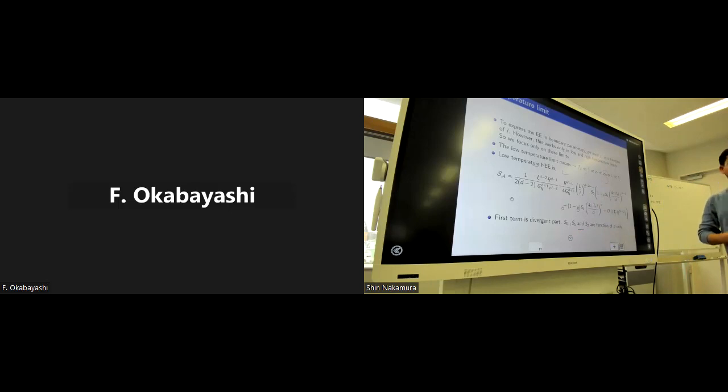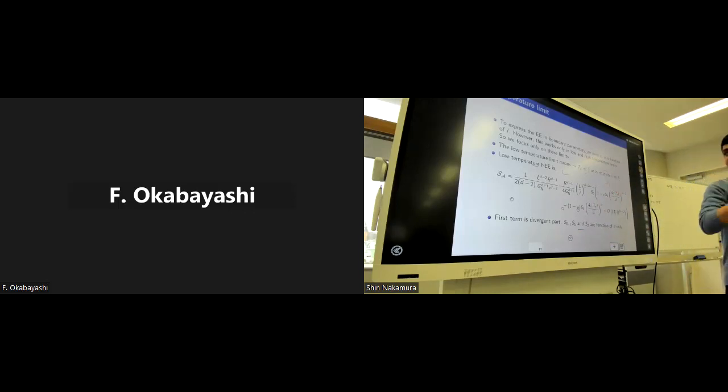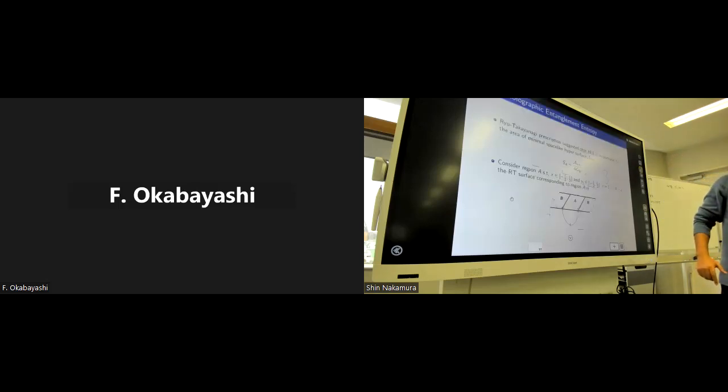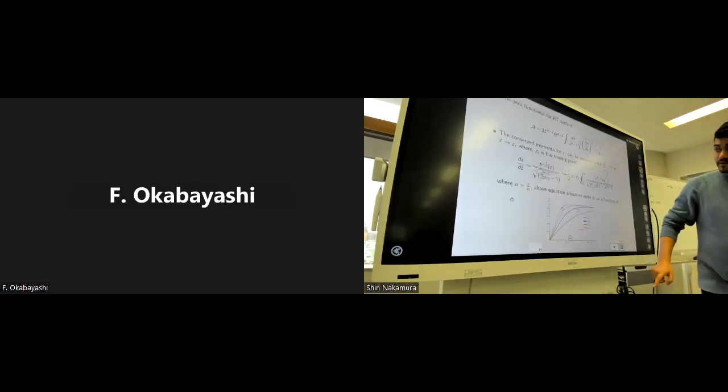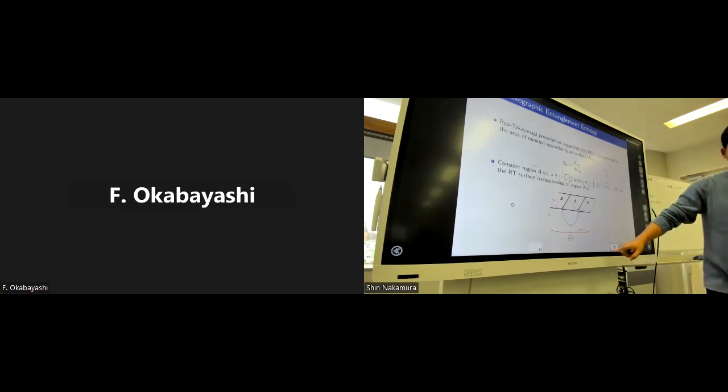Okay, so those are the high temperature limit and the low temperature limit. What do I mean by the high temperature limit? Trivially, high temperature means the turning point of the RT surface is very far from the horizon. Consider, if you have the horizon here, and this is the turning point of the RT surface.